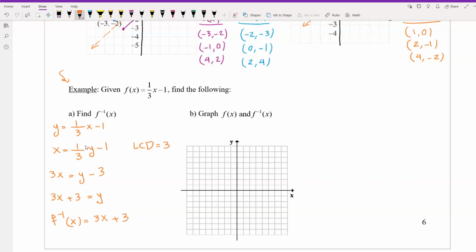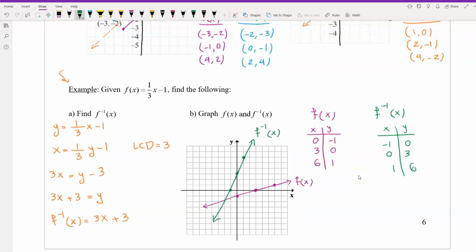Now graph. So here, based on our function f of x, which is equal to 1/3 times x minus 1, for x I used 0, 3, 6. So here, using 0, we have 1/3 times 0 minus 1, our y is -1. x equals 3, so we have 1/3 times 3, that is 1, minus 1.